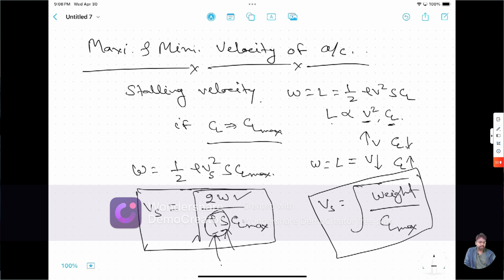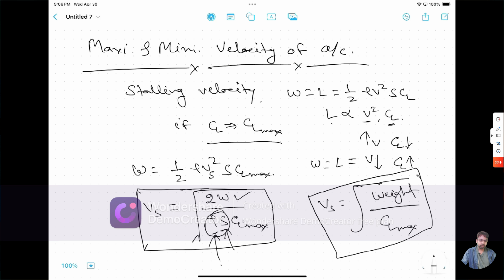So now we can see here guys, stalling velocity is the aerodynamic characteristic. It means stalling velocity depends on the aerodynamics of the aircraft. See how much your camber, how much your airfoil can produce the CL max.